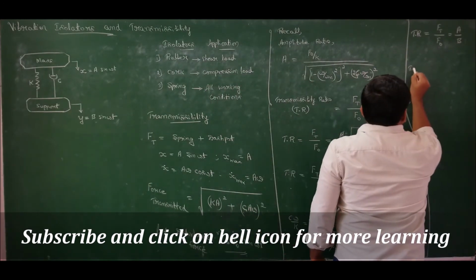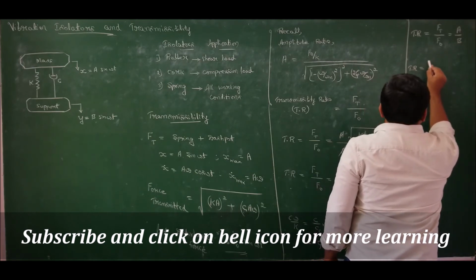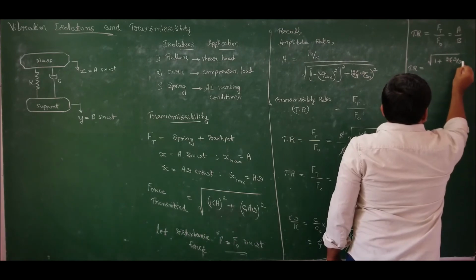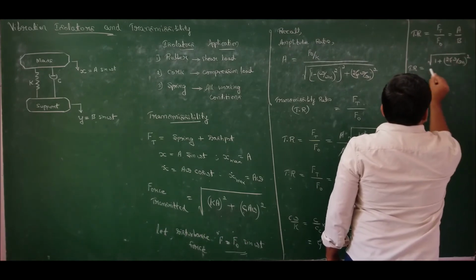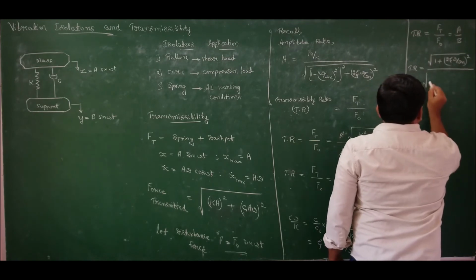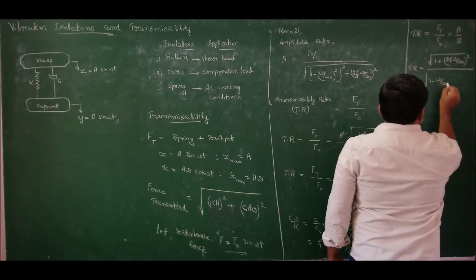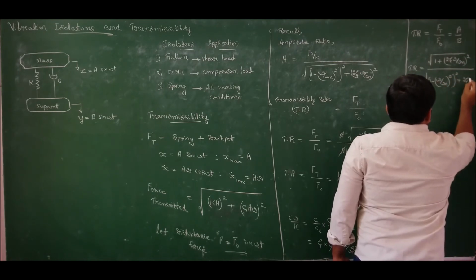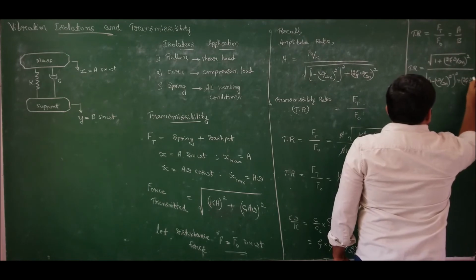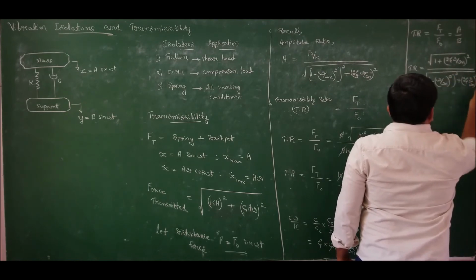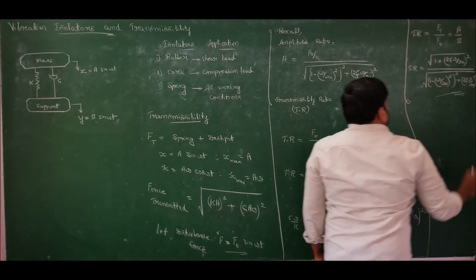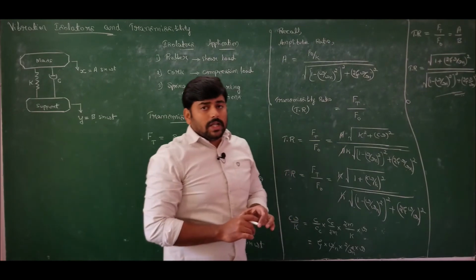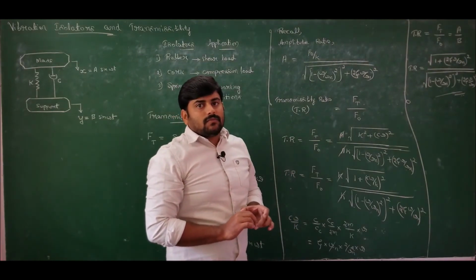So hence the expression for transmissibility ratio is square root of 1 plus 2 zeta omega by omega n whole square, divided by square root of 1 minus omega by omega n whole square plus 2 zeta omega by omega n whole square. So this is the expression for transmissibility ratio, which is defined as the ratio of force transmitted from the vibrating object to the foundation to the disturbance force.